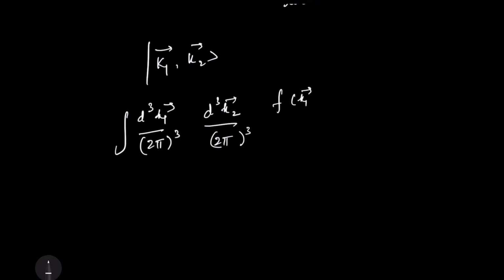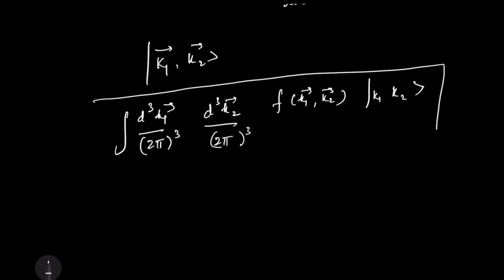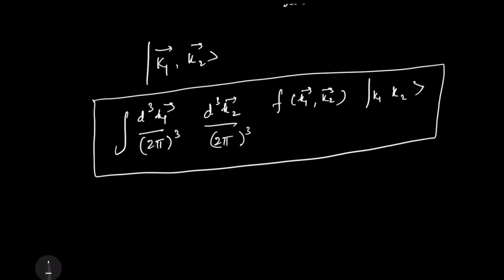So using the integral d cube k1 by 2 pi cube d cube k2 by 2 pi cube f of k1, k2 acting on the state k1 k2, you can construct two widely separated wave packets, and these are genuine two particle states.